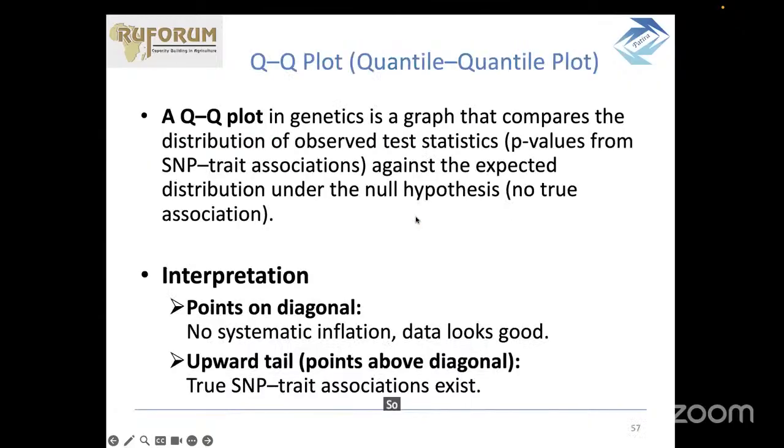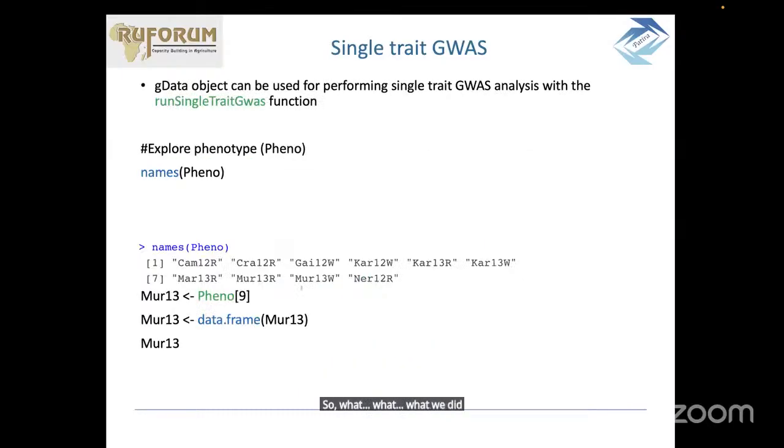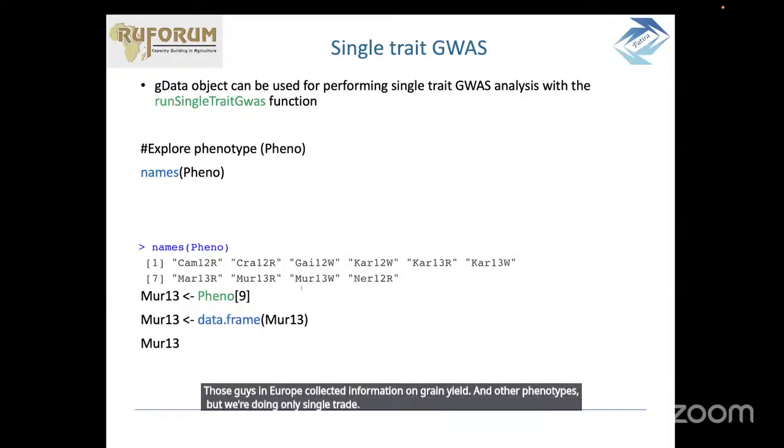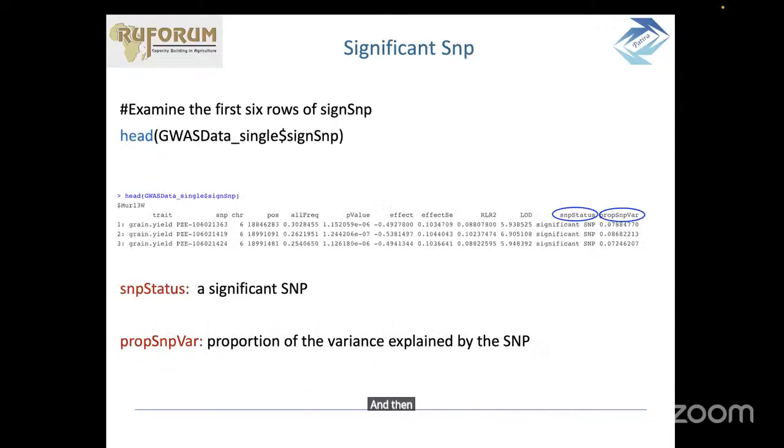So what we did here, those guys in Europe collected information on grain yield and other phenotypes, but we're doing only a single trait. And then they compared the association with all other SNPs that they had. And out of all these SNPs, this is the result here.